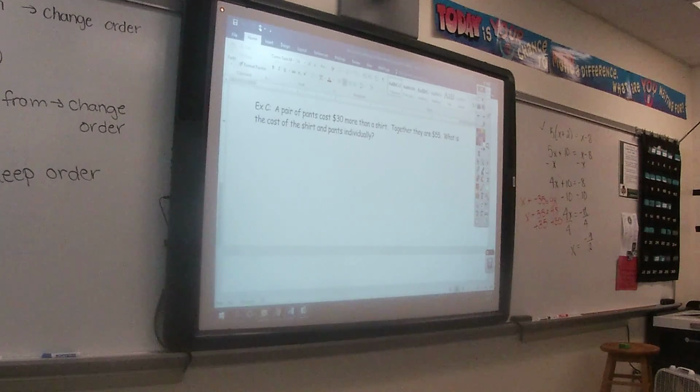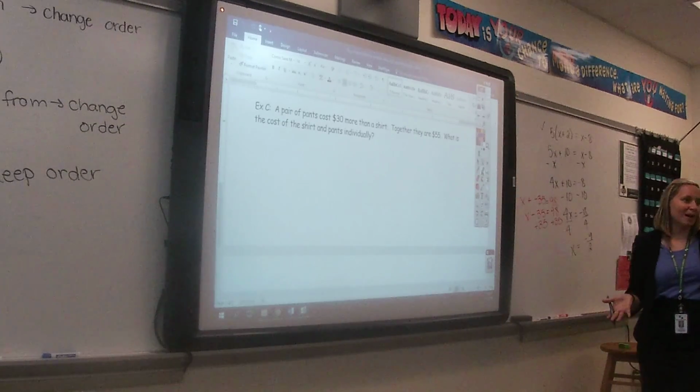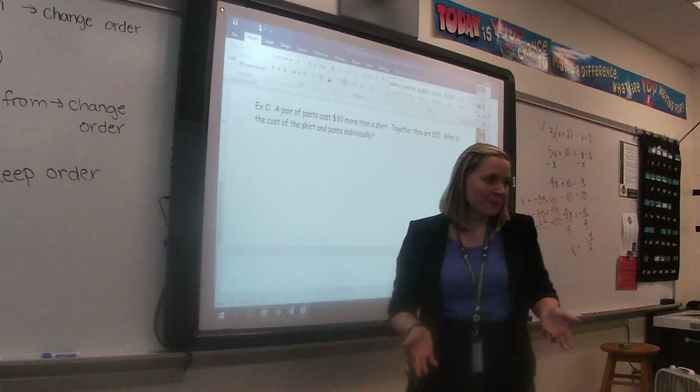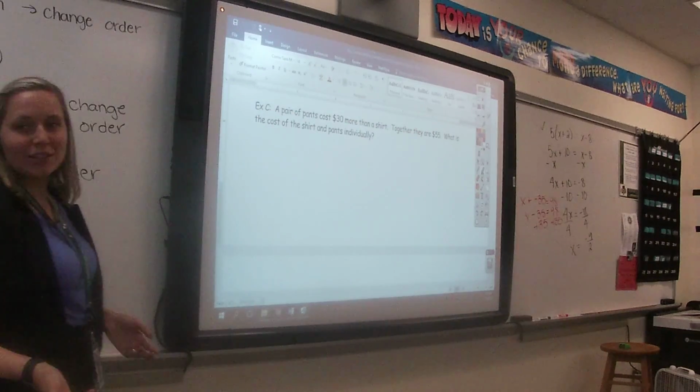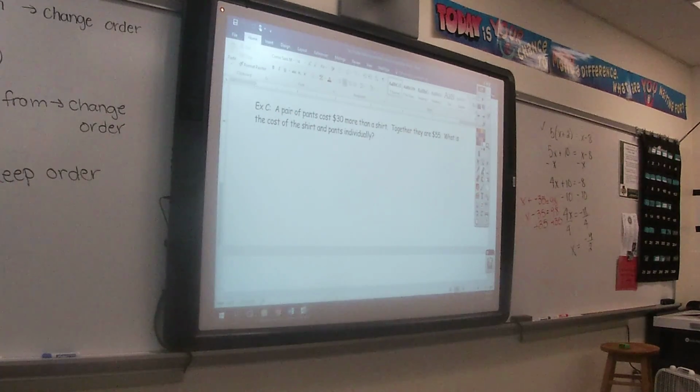I'm picking a simple story problem with easy math that you could solve without having to write an equation. But I don't want to make this super complex since we're still learning the process. So stick to doing the process with me, so I don't have to make the problem really complicated, because then it's too hard. Yes, I realize there are other things we can do, but we're trying to stick simple here.